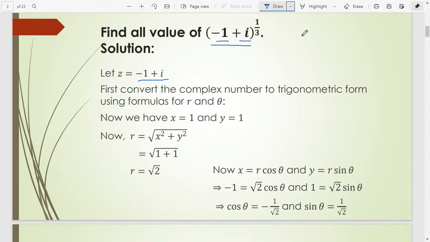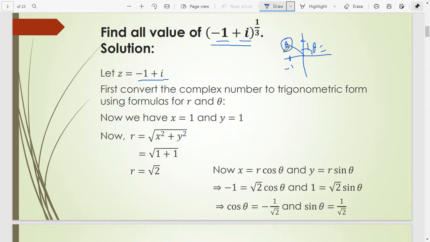We see in the graph, this is the origin and minus 1 on the x-axis, minus 1 plus i. So the point is here, and the angle between this is theta.